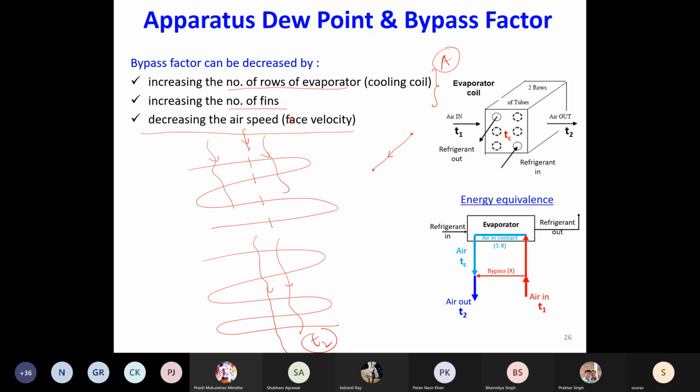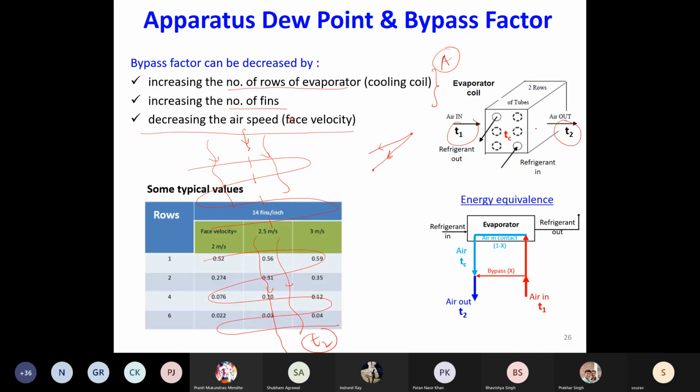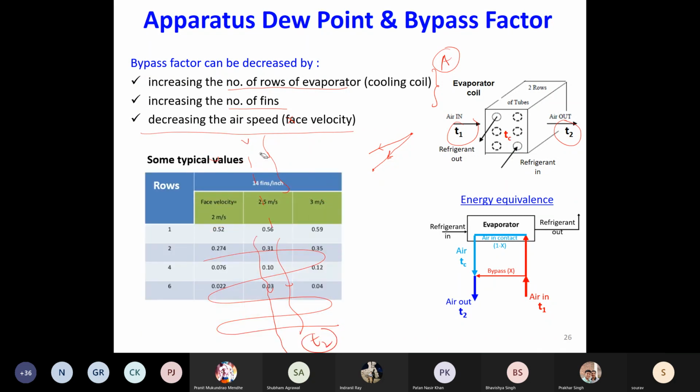You will have this slope significantly higher when you have lower air speeds compared to when you have very high air speeds, when you will have a lesser temperature difference between T1 and T2. So that will also affect the effectiveness of the heat and mass transfer process inside your coil. So these are some experimental results which are shown.